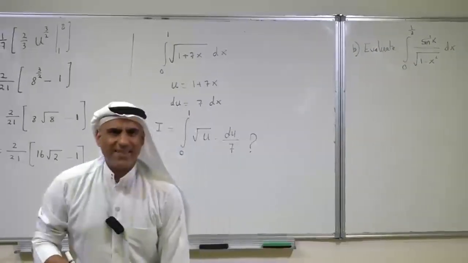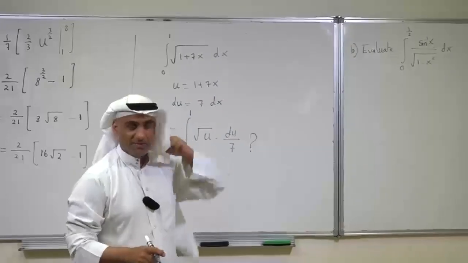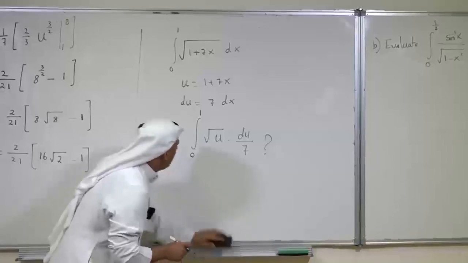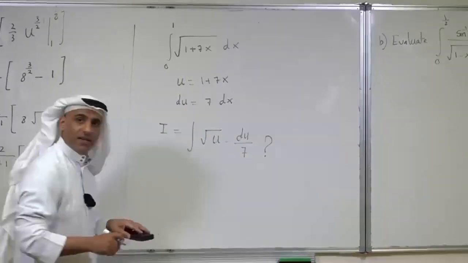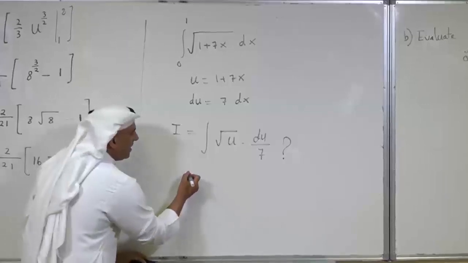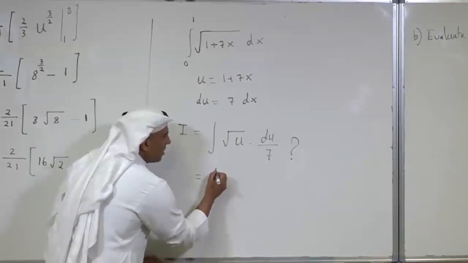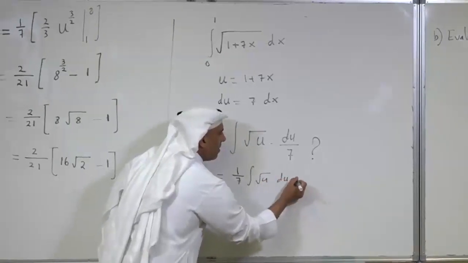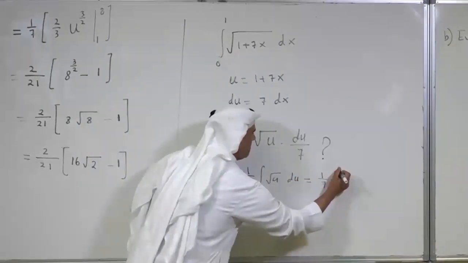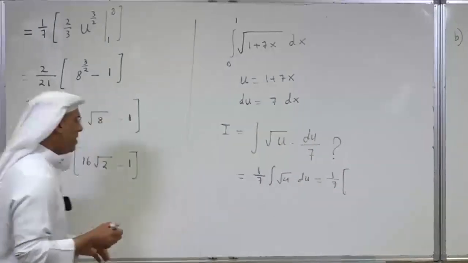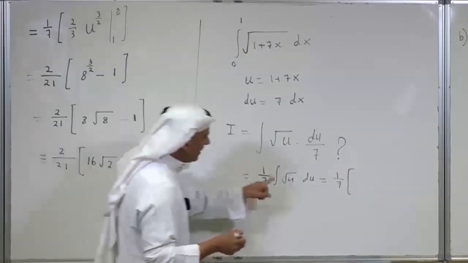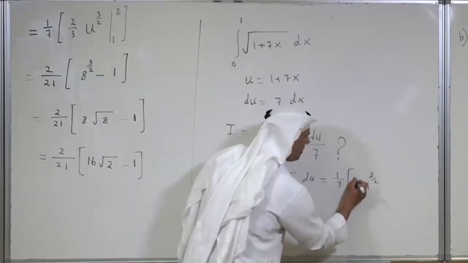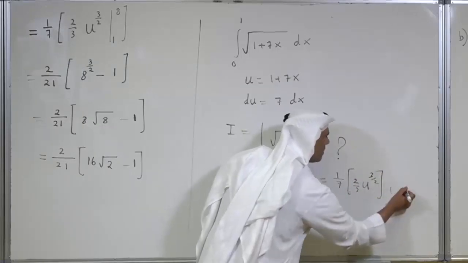Before I go to the solution of the second example, I have another comment here. Some students ask, what happens if I remove the boundary points? Then I will say this is 1 over 7 times the integral of radical u du. So this is equal to 1 over 7 times, and I will integrate now, u to the power 3 over 2 times 2 over 3, plus constant of integration.